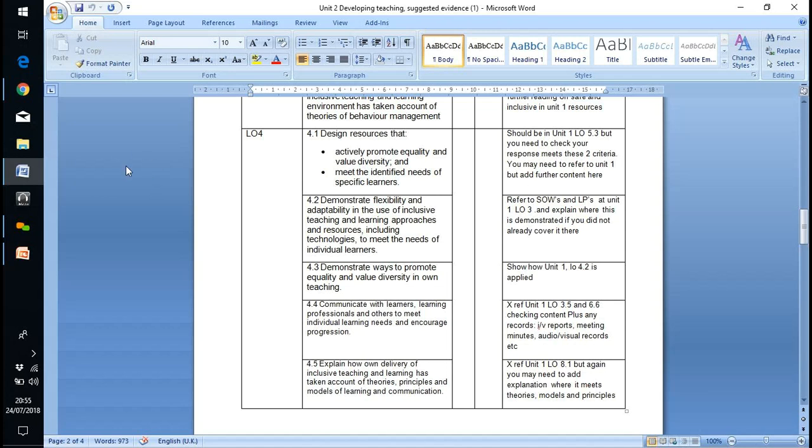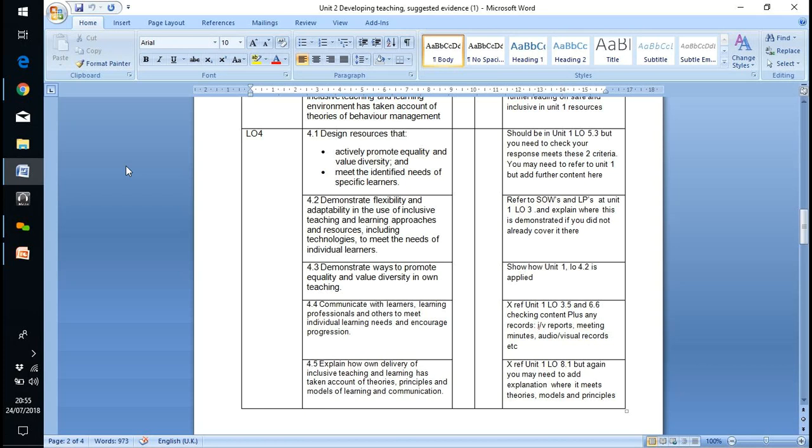What did I say the measure was for Unit 1, your word count? About 18,000 or something. It was a lot. Some have written 8, some have written 10, some have written 12. If you've written that much at Unit 1, then you'll have covered it for Unit 2 as well.